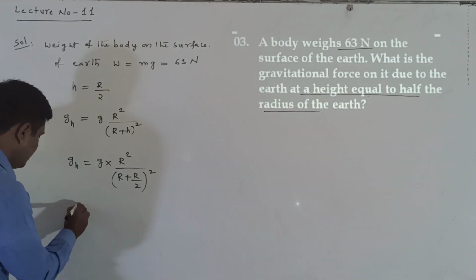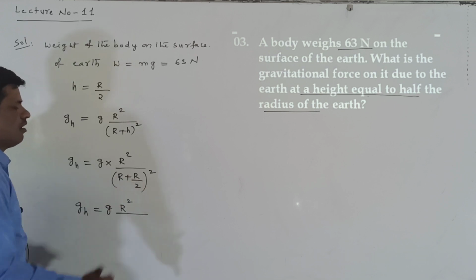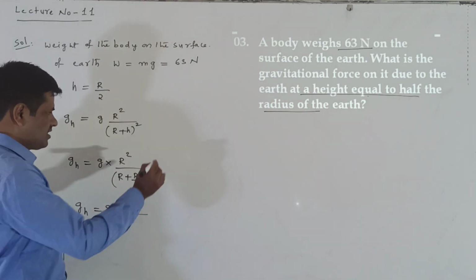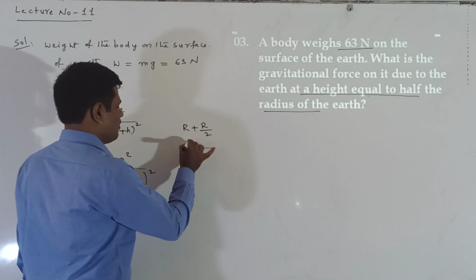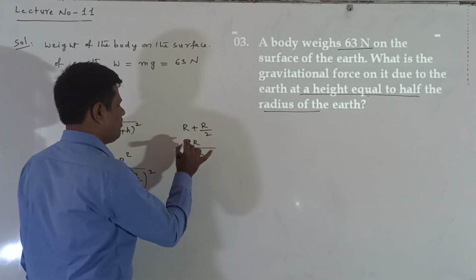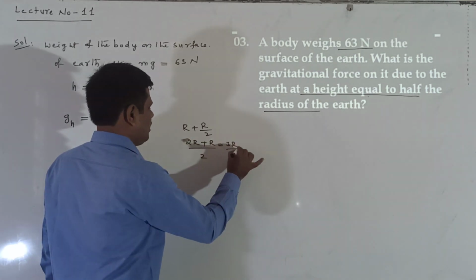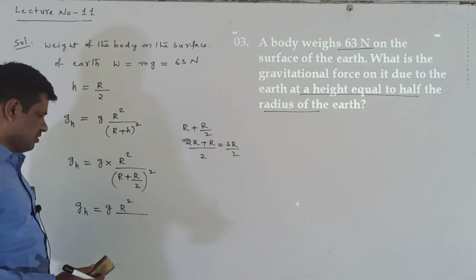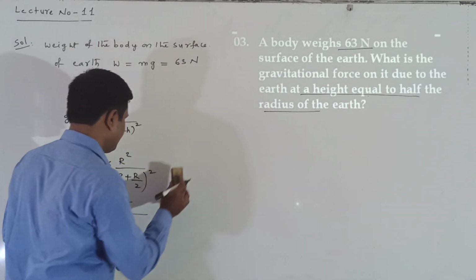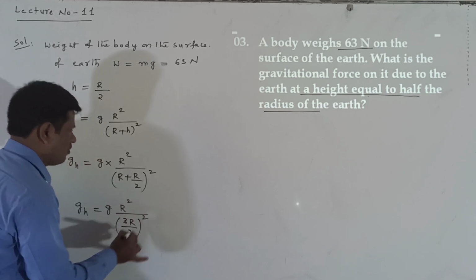So what we are getting here: gh = g R² / (R + R/2)². R + R/2, when making the LCM, is 2R + R over 2, which is 3R/2, whole square. So I have written it as (3R/2) whole square.